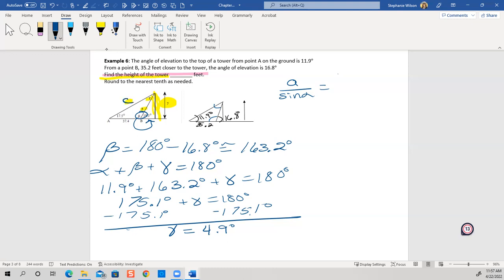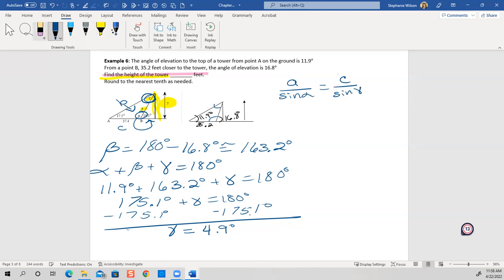We're used to putting C here and B here. But since gamma is right here, it changed up because C goes with gamma. So this is going to be C. Well, beta is right here instead of gamma. So be careful in the notation. If you have to go back, remember B is across from beta, C is across from gamma. So we're going to find C over sine of gamma.